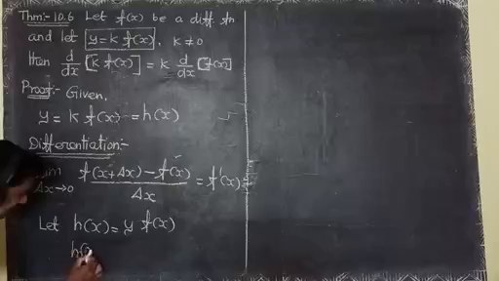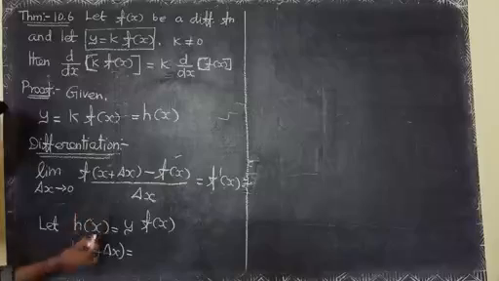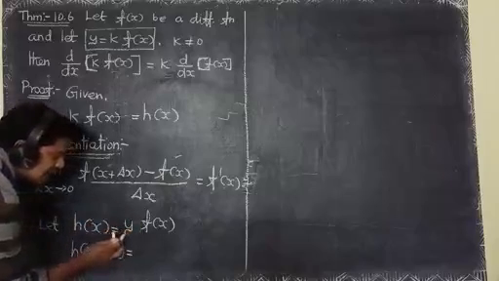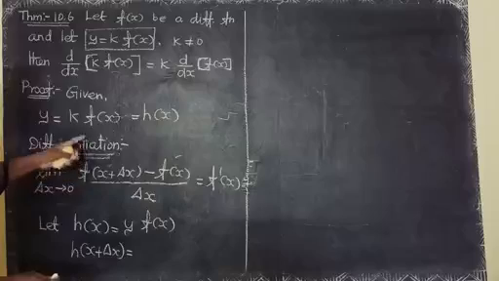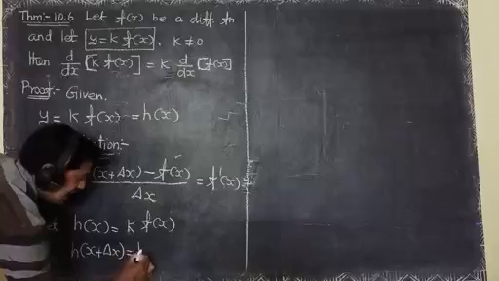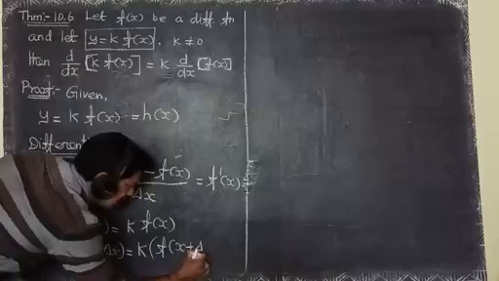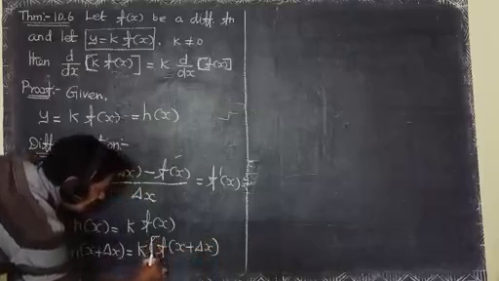H of x plus del x is equal to k into f of x plus del x.